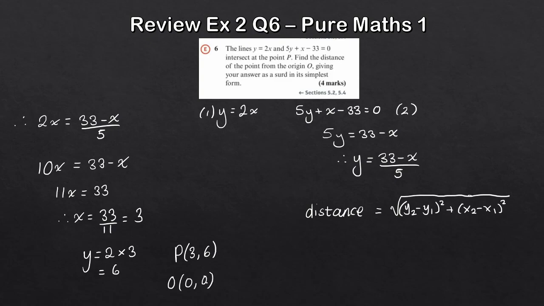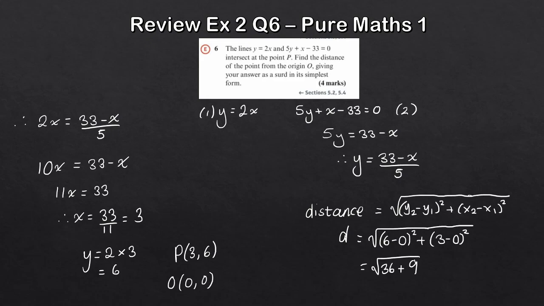Okay, so if we apply this formula, d is going to be equal to the square root of 6 minus 0 squared plus 3 minus 0 squared. So that's going to be equal now to the square root of 36 plus 9. So 6 squared is 36, 3 squared is 9. So this is equal to the square root of 45.